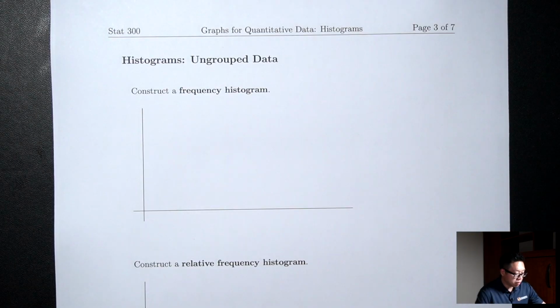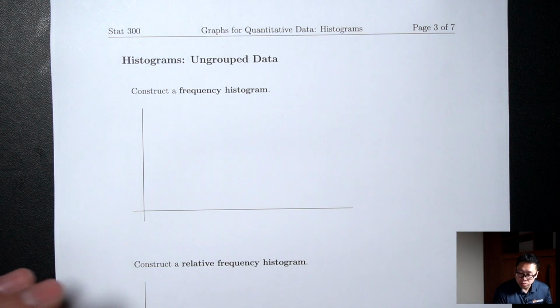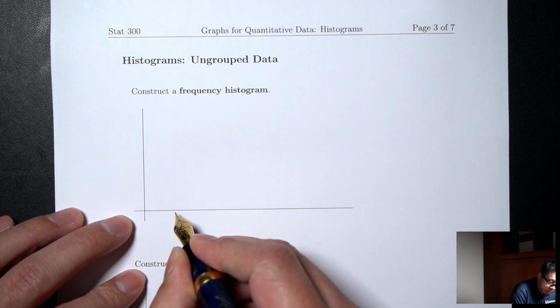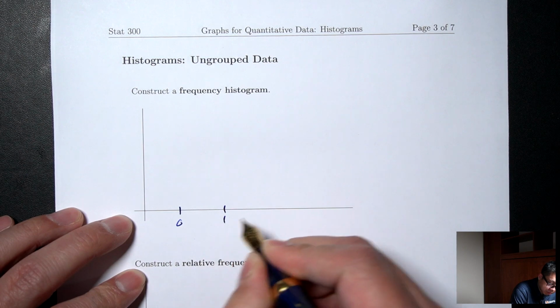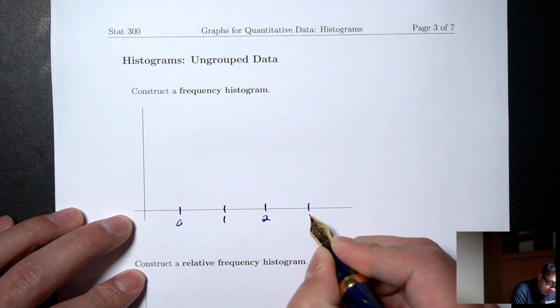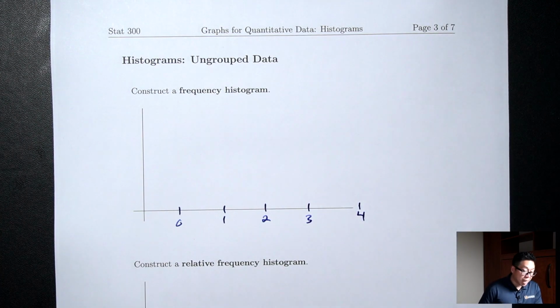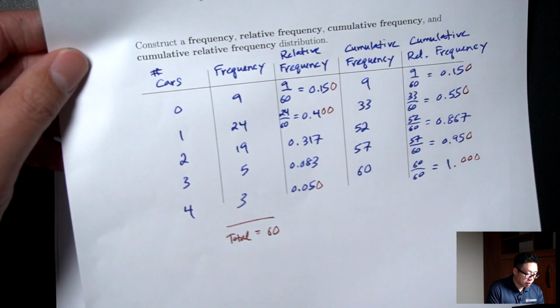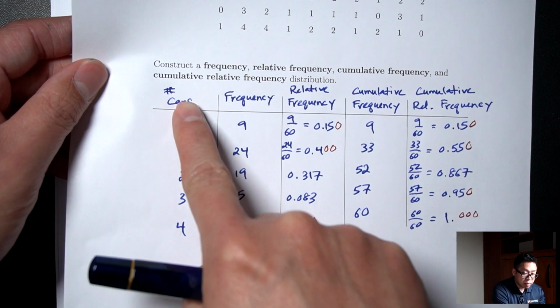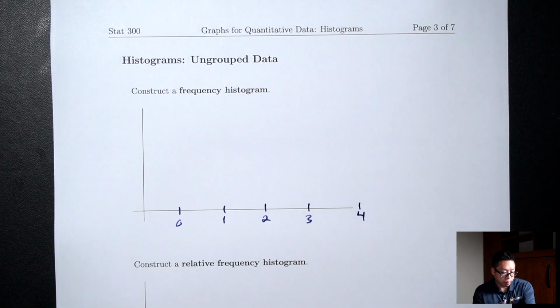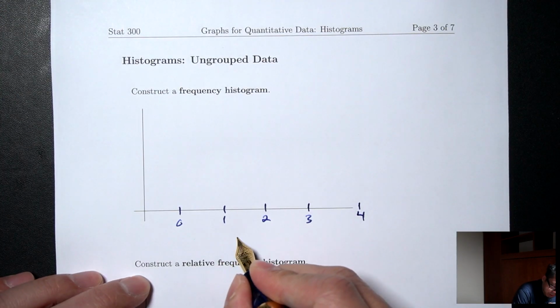So on my x-axis, my possible values are 0, 1, 2, 3, and 4. Okay, and let me title my x-axis. These numbers represent number of cars. So my x-axis is number of cars.